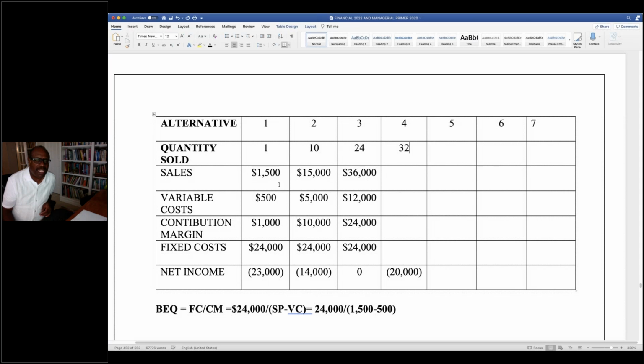So 32 times sales of 1,500 would be what? 48,000. What's our cost gonna be? 32 times 500? How much is that? 16,000.